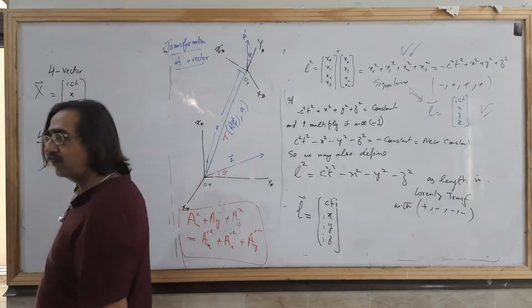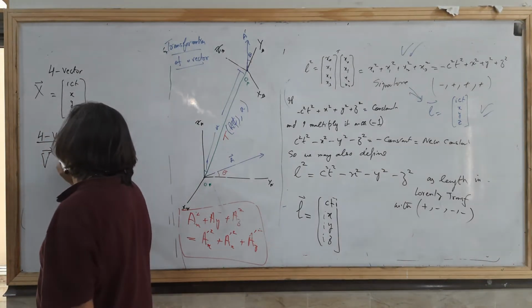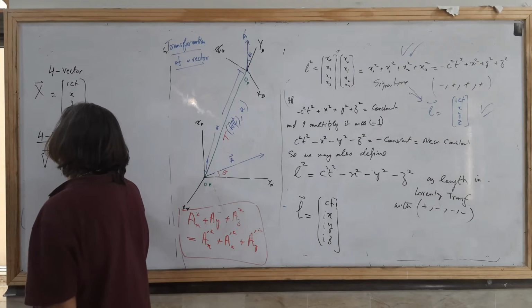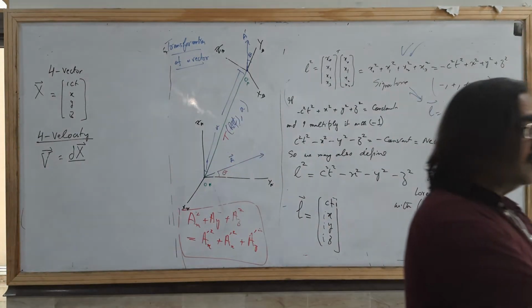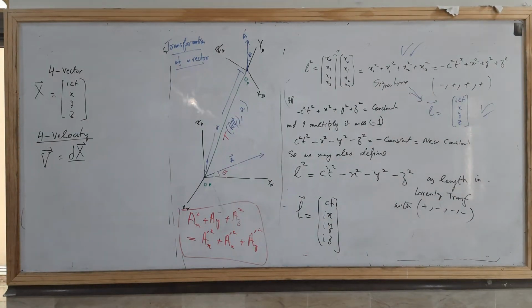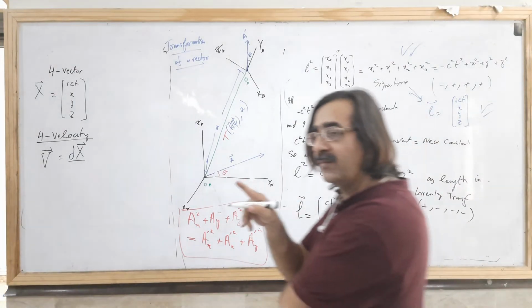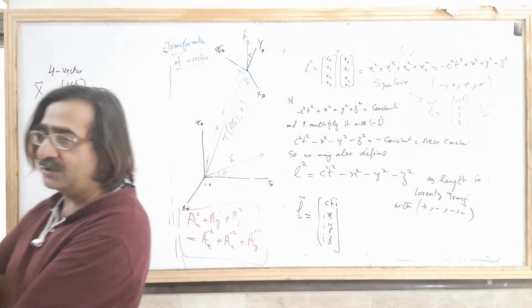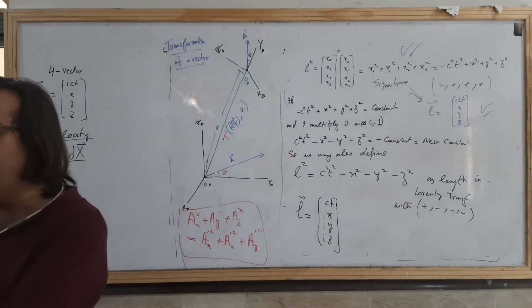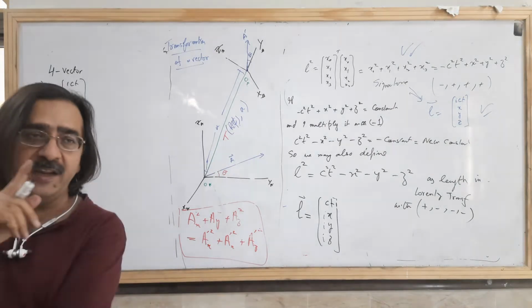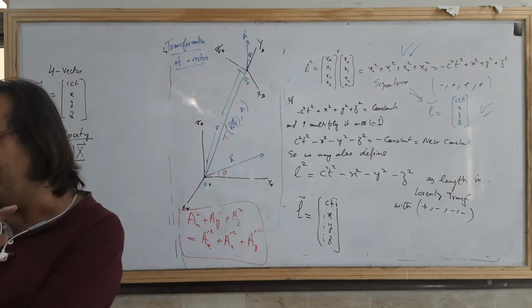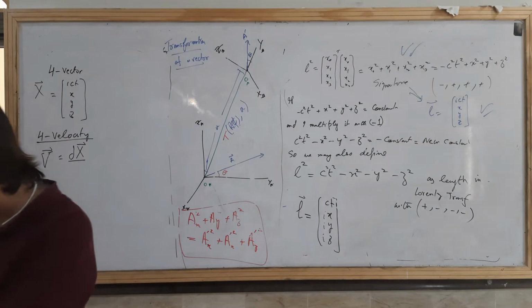Now, what is the 4 vector in velocity? Yes, but in relativity, in Galilean transformation, time is constant. Yes, आप एक time और उससे derivative ले लेते हैं. But in relativity, time is not constant because for A frame the time is T_A, and for B frame that will be T_B.